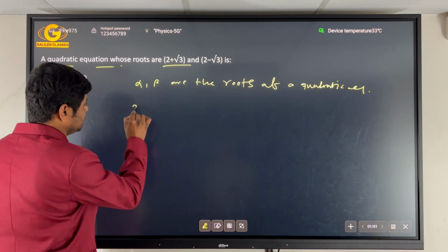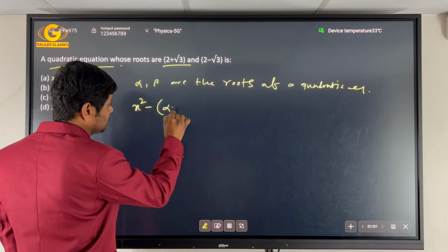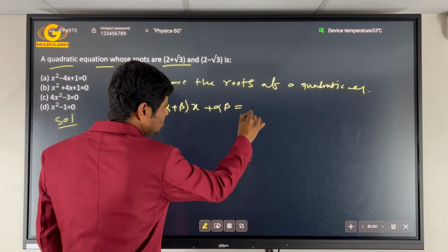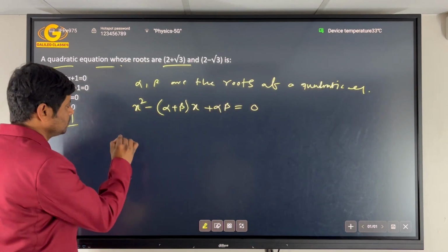then the equation is x square minus sum of the roots into x plus product of the roots is equal to 0.